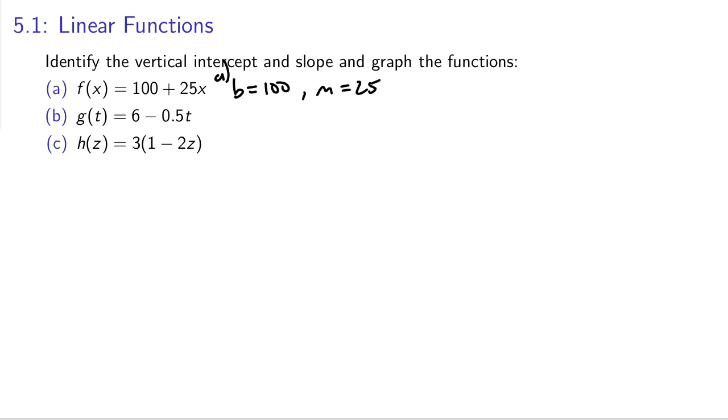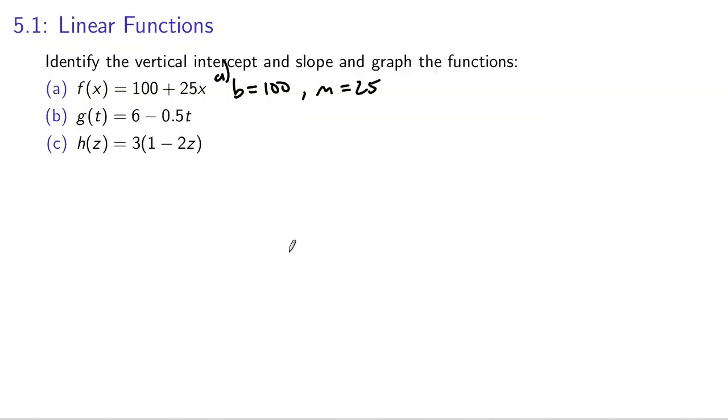Let's make a new page here, and instead of using paper, let's make this page be a graph page. So the y-intercept was 100, and the slope was 25.